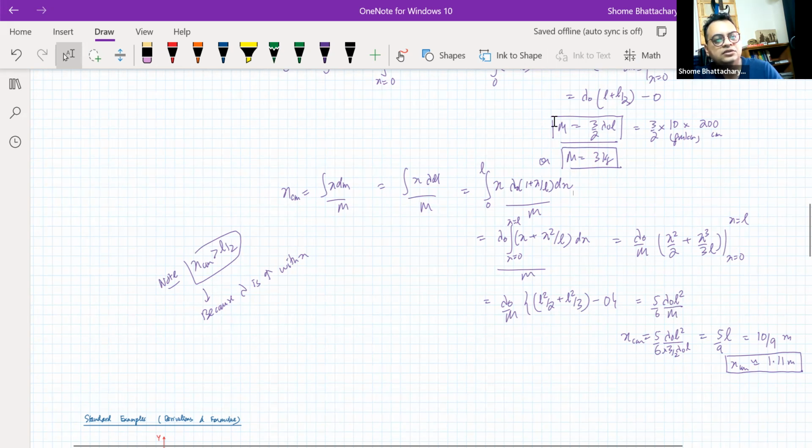Now we replace the value of total mass from here, which we had seen parametrically was this much. So this total mass is now replaced over here.